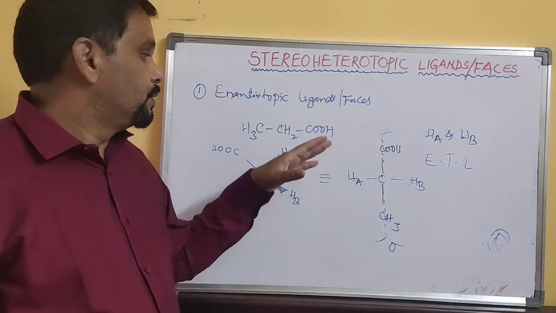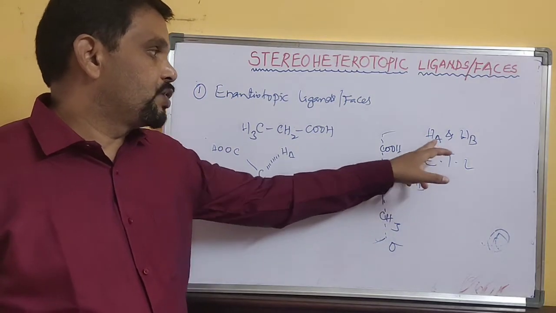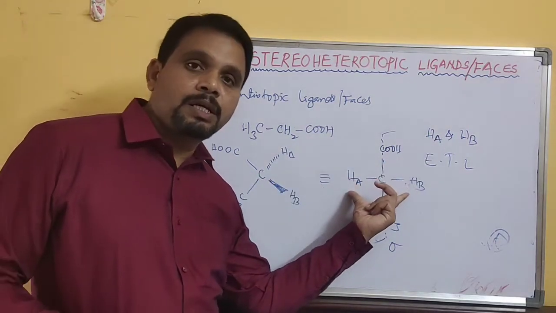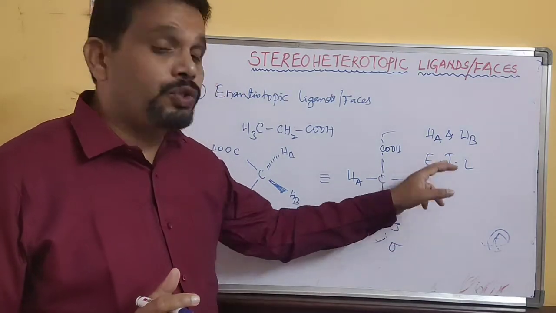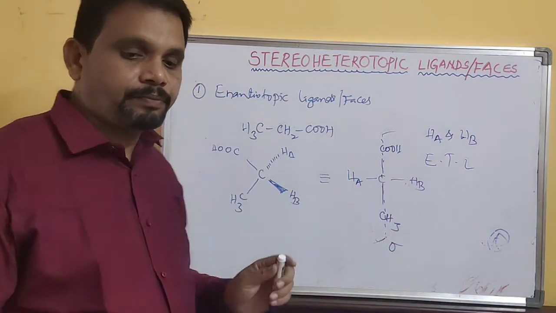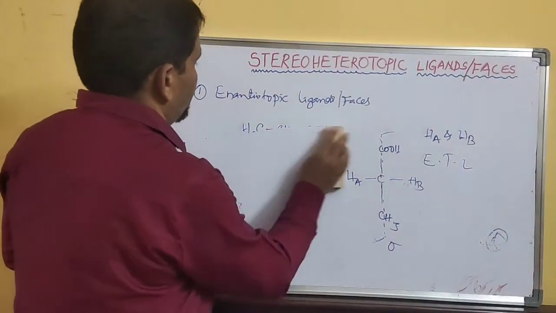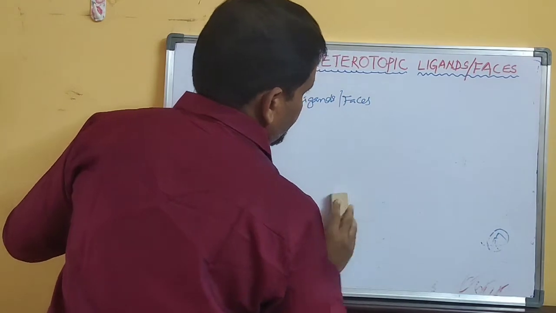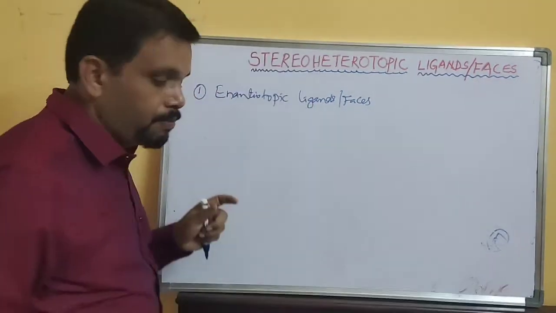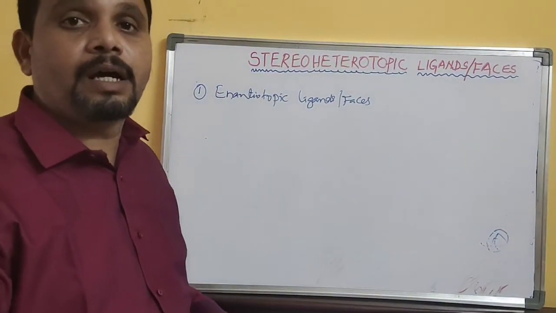Therefore these two Ha and Hb, or these two hydrogens, or these two ligands, can be called enantiotopic ligands. I hope with these examples it is easy for you to understand about enantiotopic ligands.